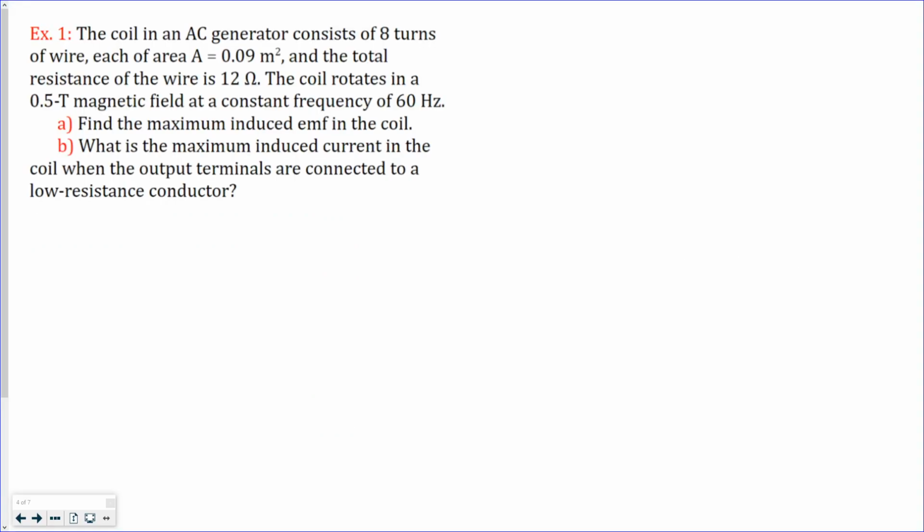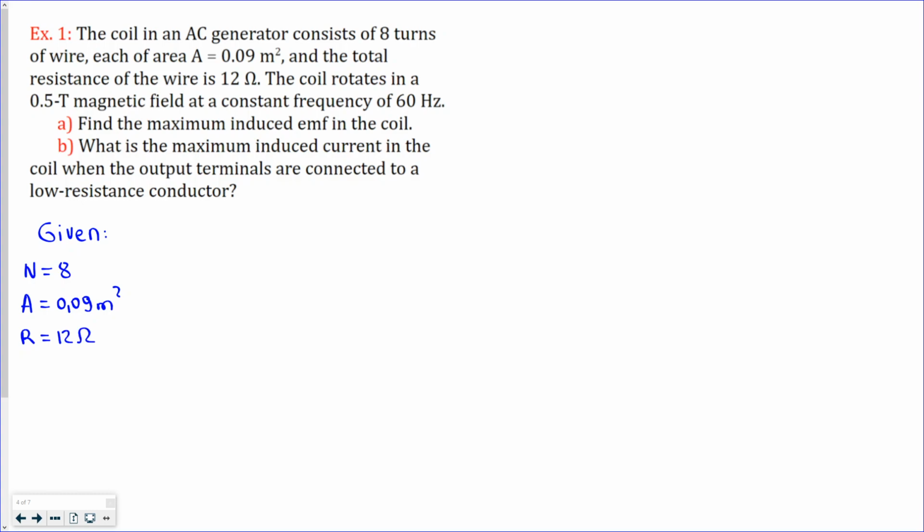Well, this is the first problem. First of all, let's read carefully and write down the information from the text. Okay, what we got? We know that the number of turns is 8 and the area of a loop is 0.09 meters squared, and the total resistance of the wire is 12 ohms.